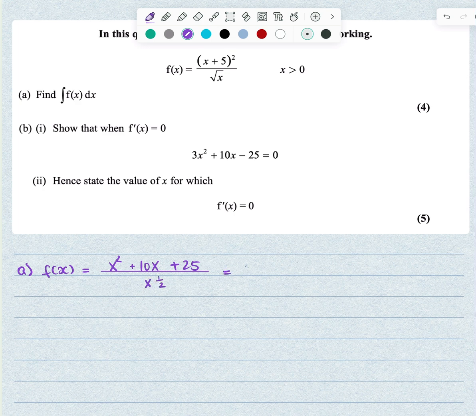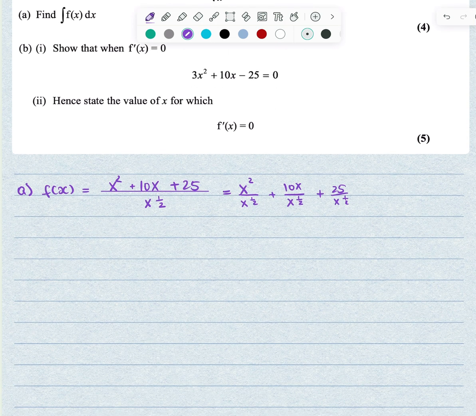So that gives us x squared divided by x to the power of 1/2, plus 10x divided by x to the power of 1/2, plus 25 divided by x to the power of 1/2. The reason I do that is I want to write each of these terms separately as a power of x, because it's easy to integrate after that, right?